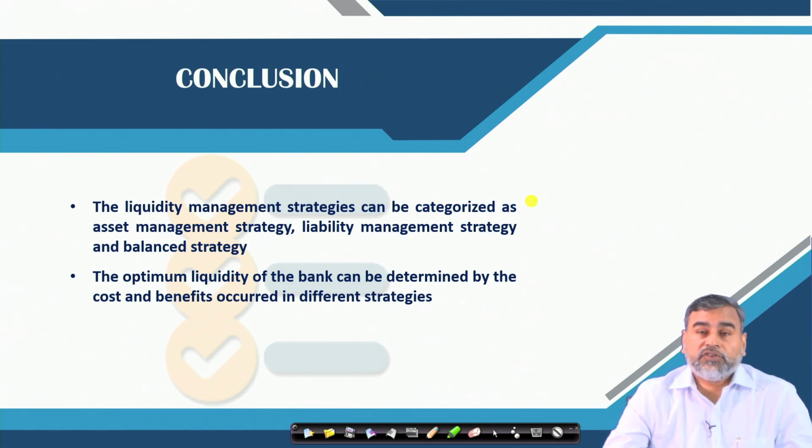For short term management, they can go for the liabilities, or for the long term management they can go for the assets. This is the way the liquidity management of commercial banks can be made to maintain the optimum liquidity. By that, the losses or the probability of losses will be relatively less, and the bank can maintain both profitability and liquidity on the basis of their objectives.